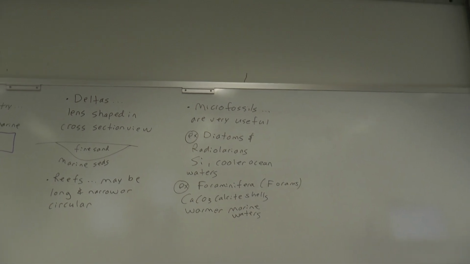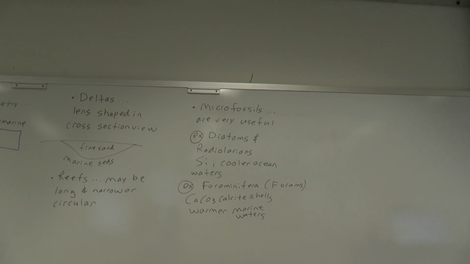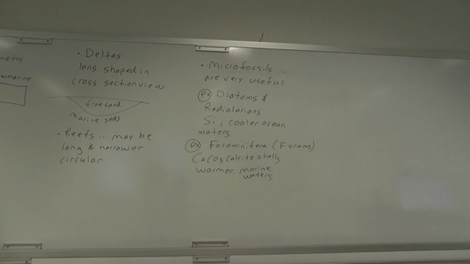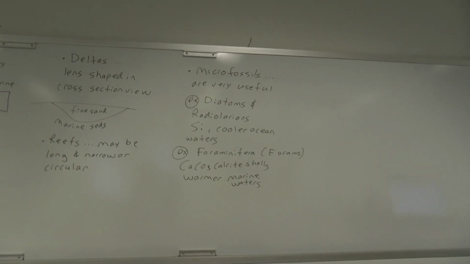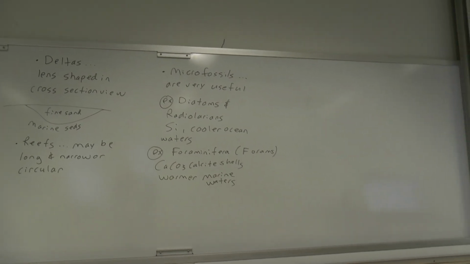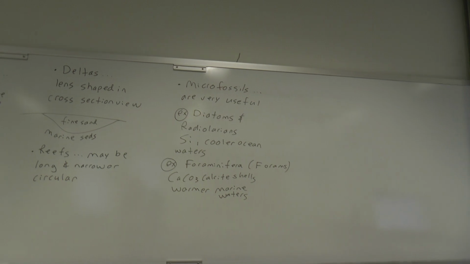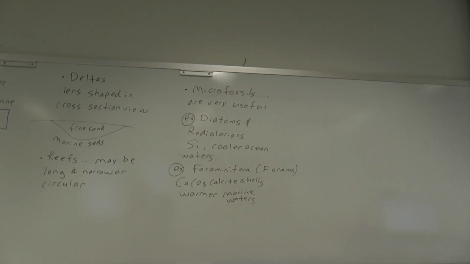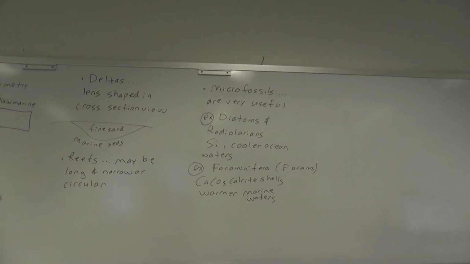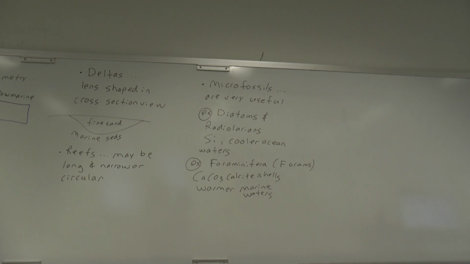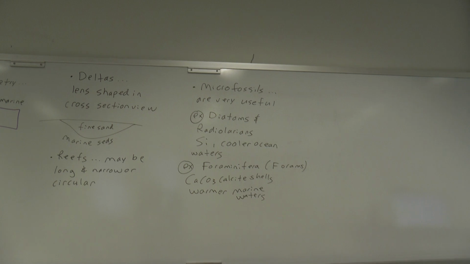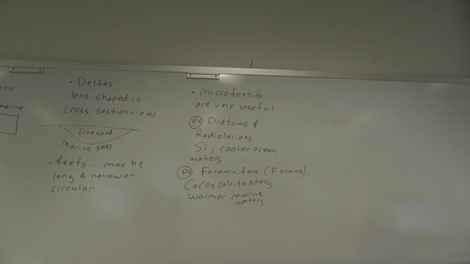You know, they're not necessarily going to be too many of these in the tropics. Cooler ocean waters. All right, another example of a useful microfossil would be foraminifera. And we shorten that and just call them forams. And these are little tiny creatures that make their microscopic shell out of calcite or calcium carbonate. And I looked at plenty of foraminifera under a microscope when I was in grad school at UNCW. And we were looking at some very old sediments on the Cape Fear River.